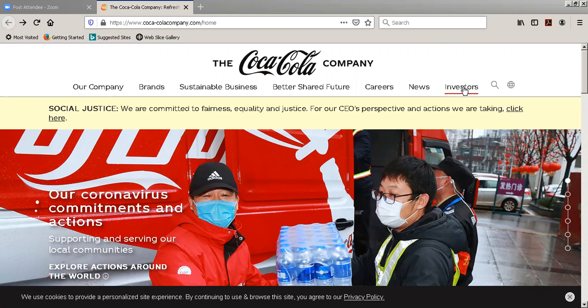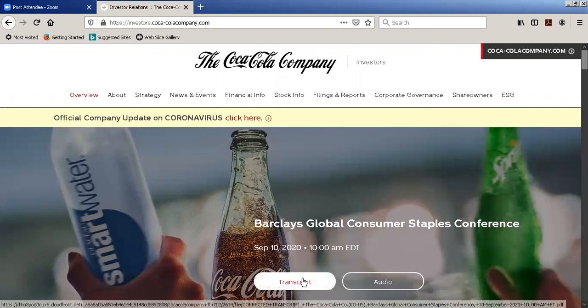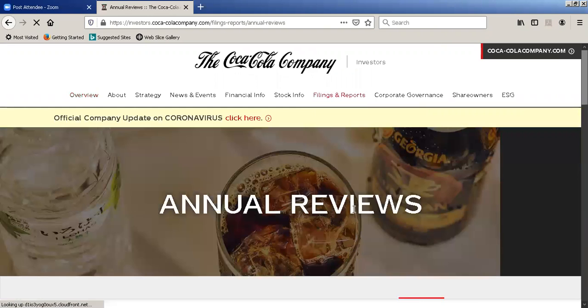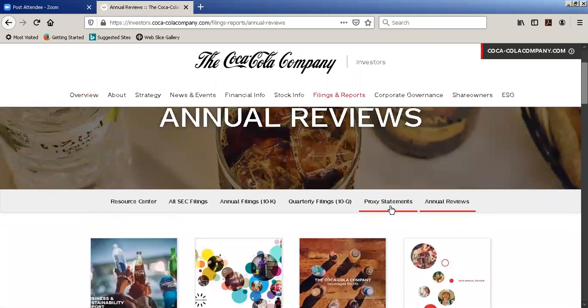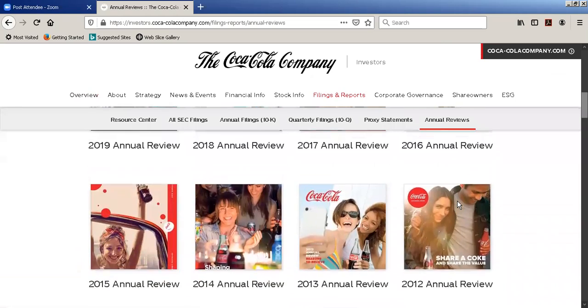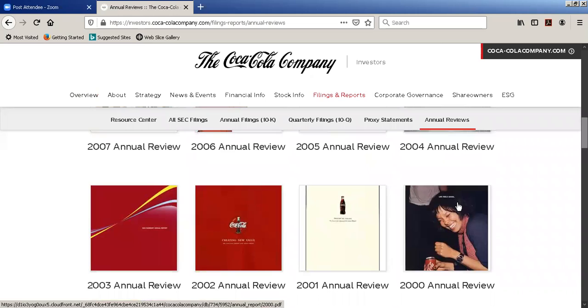But when you click on investors, it takes you to a link for all the different financial information. And under filings and reports, you can get the annual reports for Coca-Cola. They call it an annual review, just a different name for the same thing. But there's annual reports for Coca-Cola going back for quite a while.